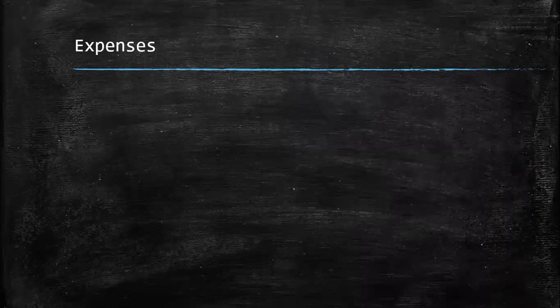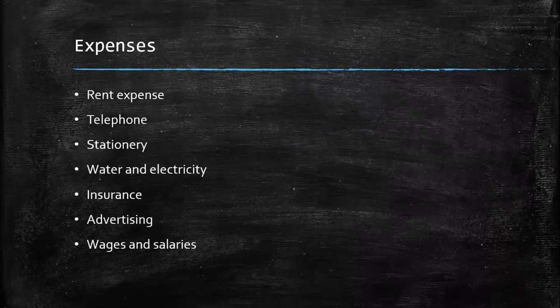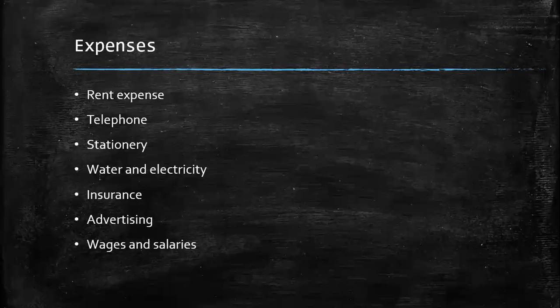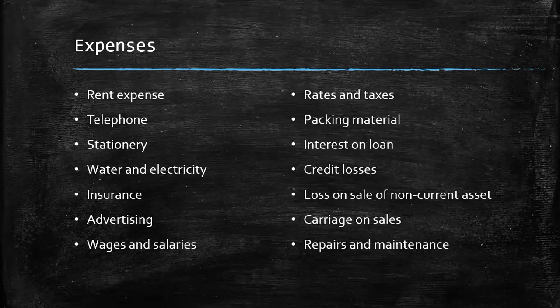Expenses. We all know expenses, but within the business environment, these are the examples of expenses: the rental expense, the telephone, the stationery, water and electricity, advertising, credit losses, interest, packing material, repairs and maintenance, loss on sale of asset, carriage and sales.